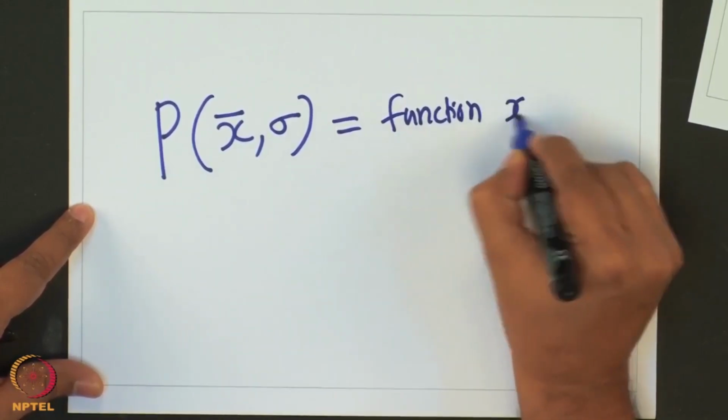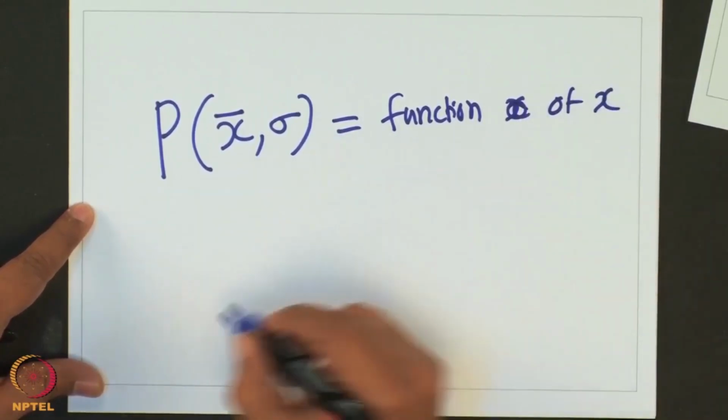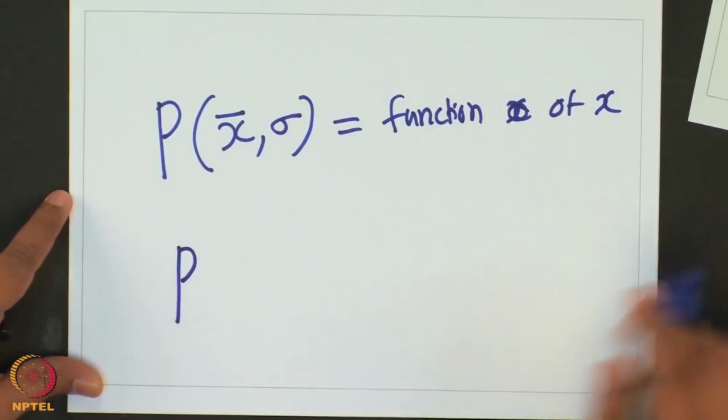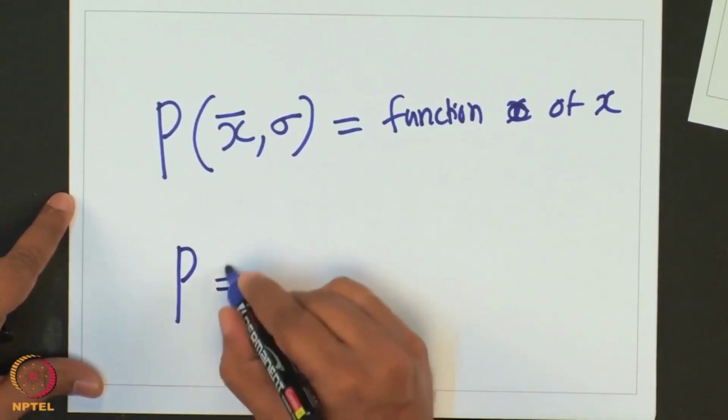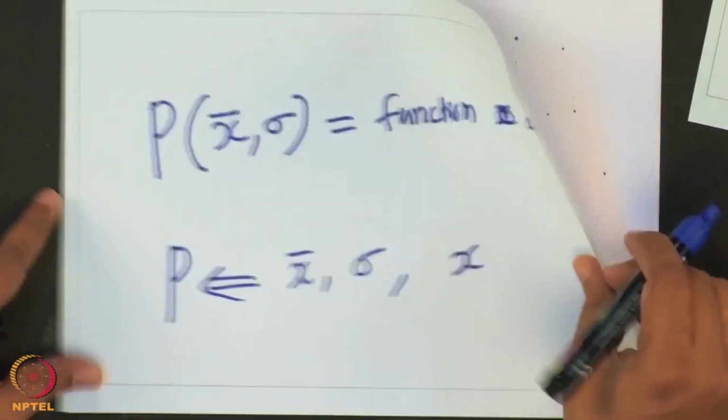And this is a function of the variable x. So basically, the probability distribution P would be decided by these two parameters x bar and sigma, and the variable is x. Now let us write the mathematical expression for this, which is as follows.